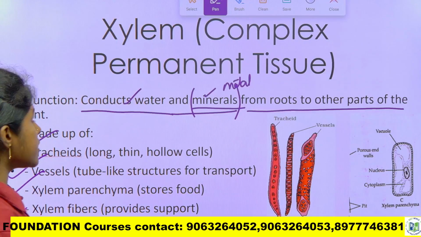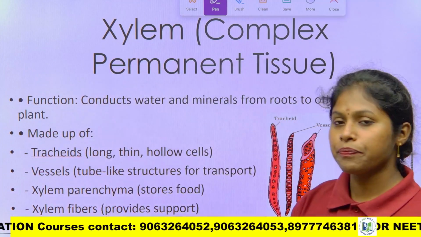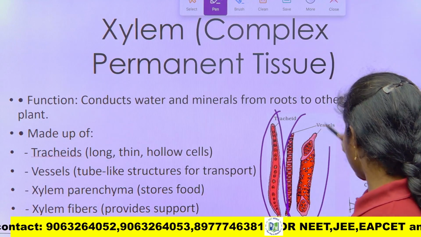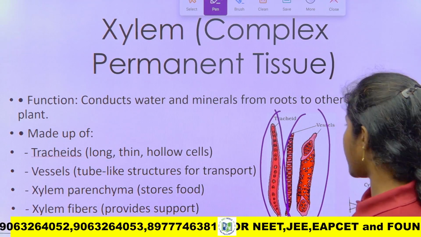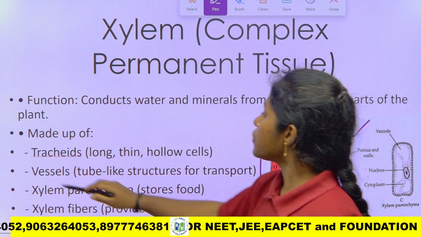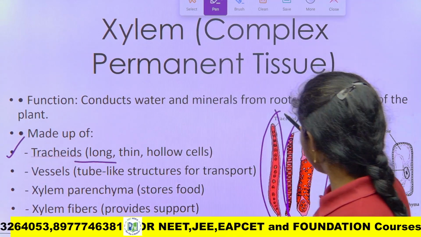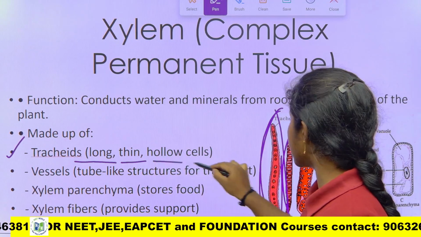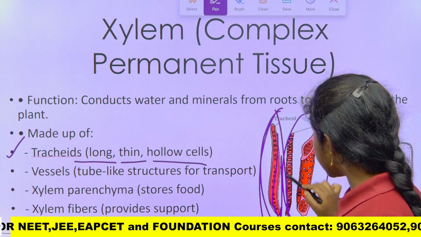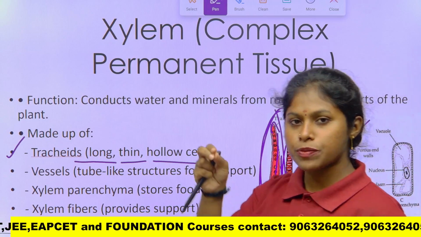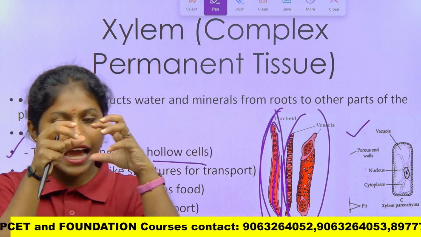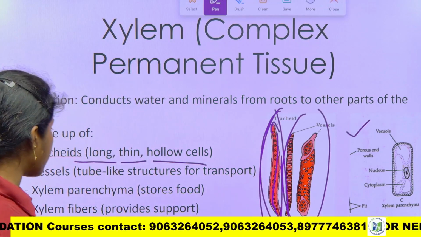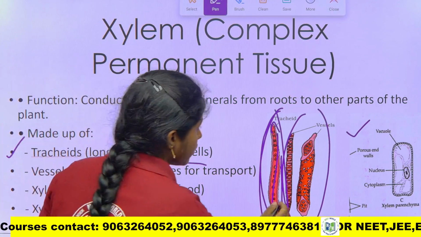Okay. Now it is easy for you, children. See here, these are the tracheids, these are the vessels and this is the xylem parenchyma, right. Tracheids are long, thin, hollow cells, and both ends are tapering, which means the tracheids become narrow and thinner at the ends.